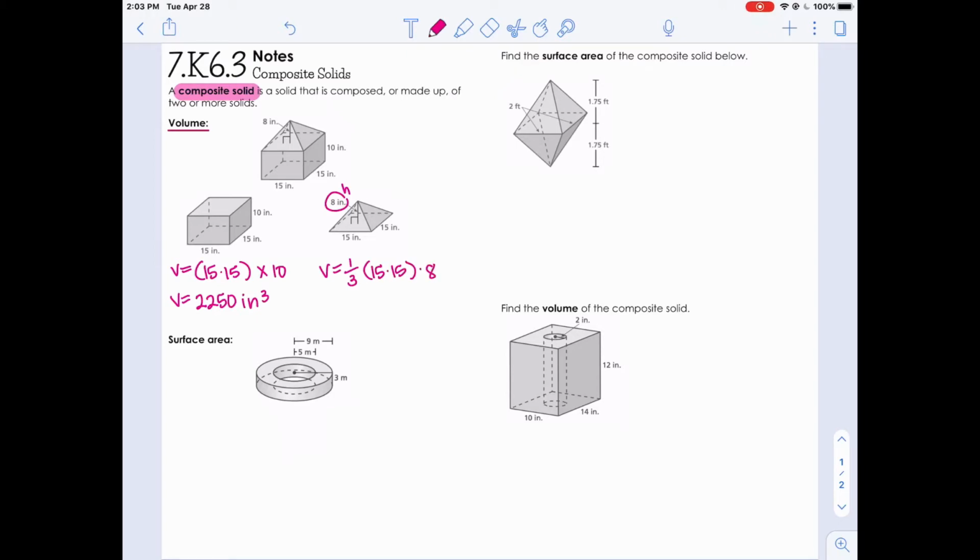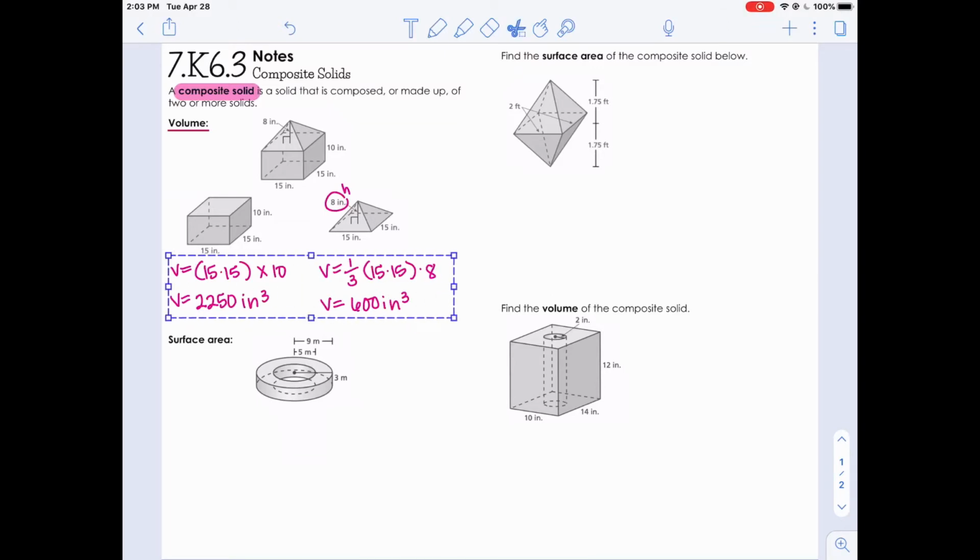So let's type that in our calculator and see what we get. All right, 600 inches cubed is what we get for the volume of our pyramid.